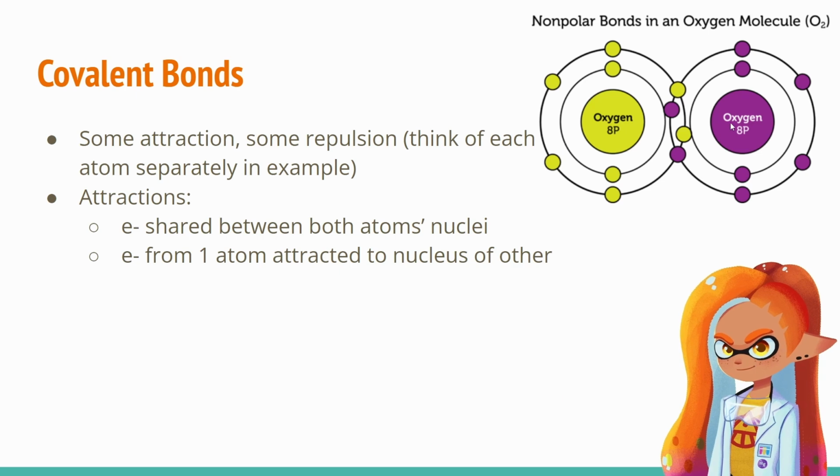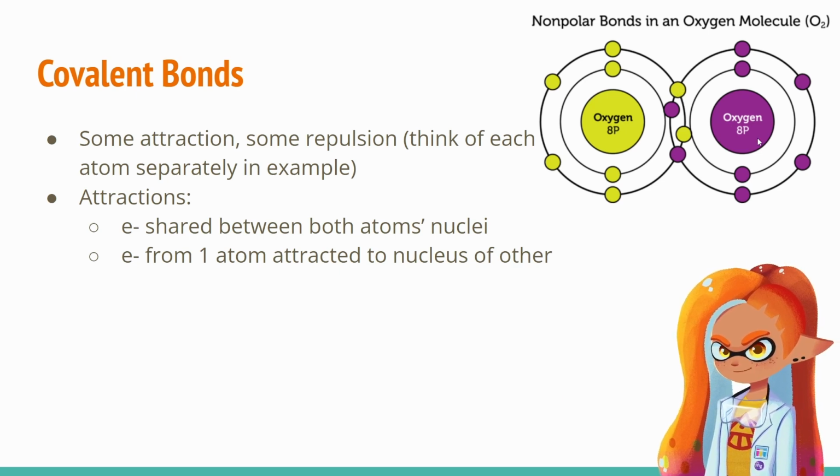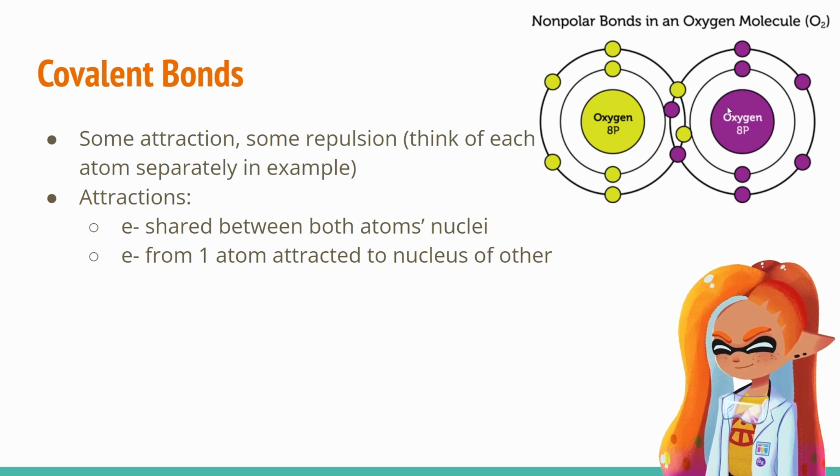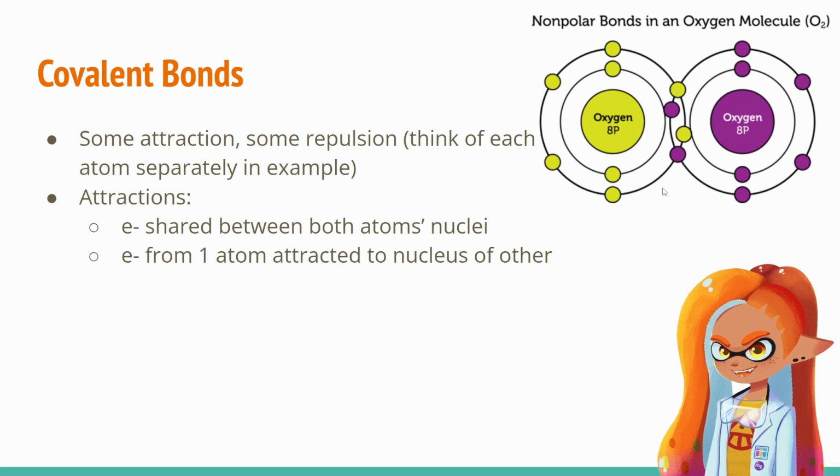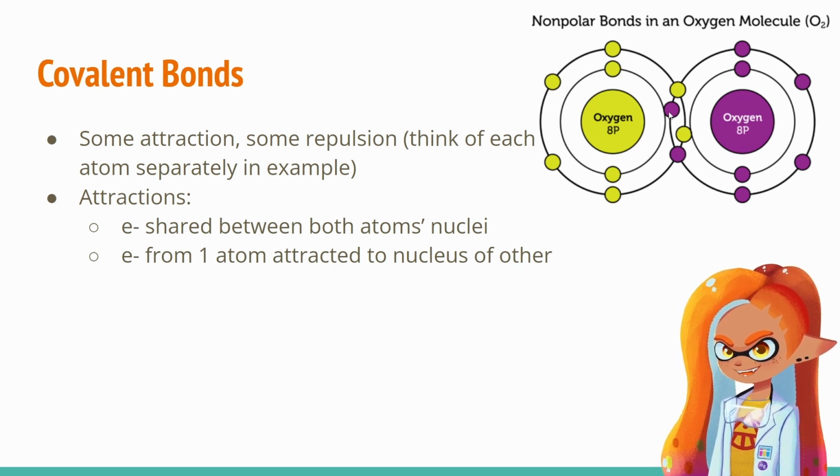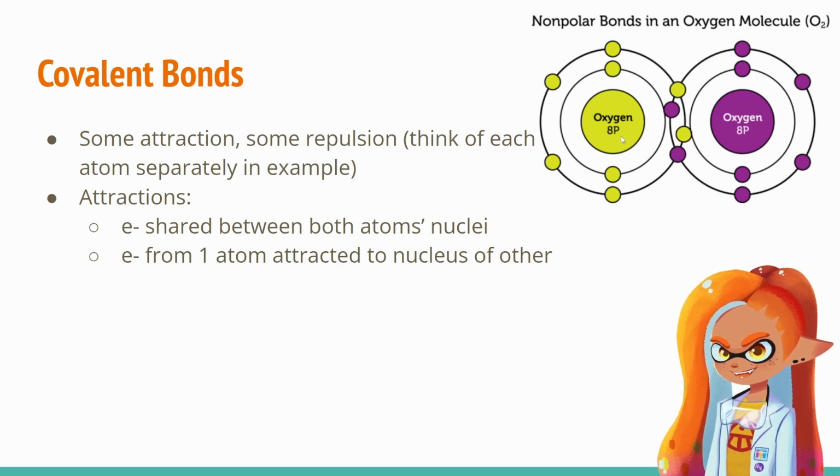But because the electrons are negative, and in the nucleus of the purple oxygen there are protons, which are positive, those are attracted to each other. So again, the yellow electrons are attracted to the protons in the purple. I can also say the same with the purple electrons here being attracted to the yellow protons in the middle of oxygen.